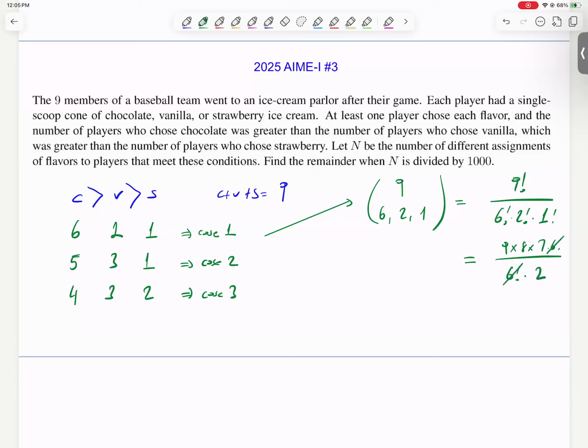We can cancel the 6 factorial. 8 divided by 2 is 4. 9 times 4 is 36. 36 times 7 is equal to 252 in the first case.